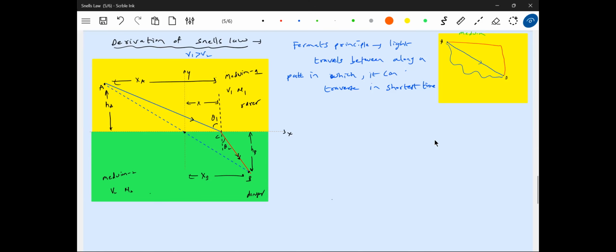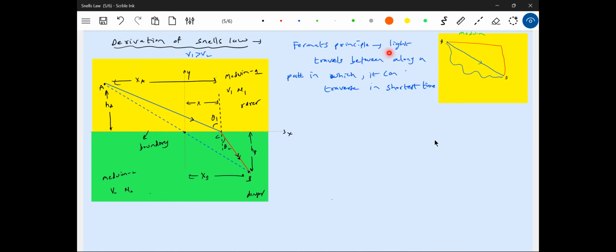So where will the light strike? It will strike the boundary, and this is the boundary. It will strike at the point C. There it will bend. So why this bending of the ray of light?